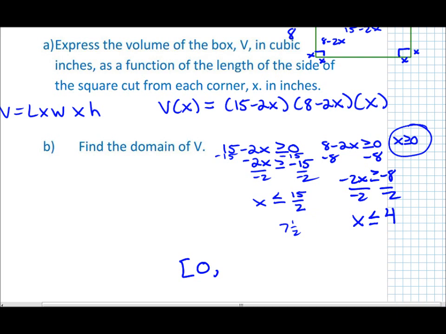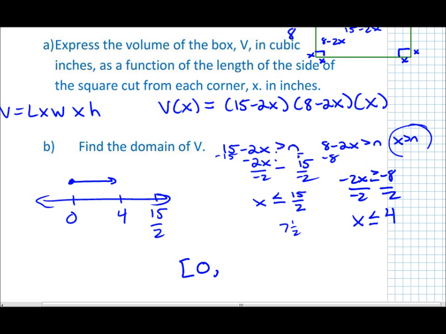But then I know it also has to be, if I drew a number line, here's 0, here's 4, and here's 15 halves, or 7 1/2. I know x has to be greater than or equal to 0. Actually, it has to be greater than, because remember, the side of a box cannot be 0 either.